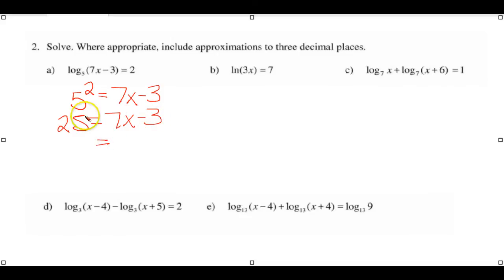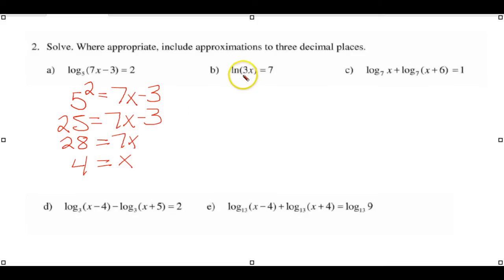Transpose the negative 3 becomes 28 on this side. 7x, divide both sides by 7. X will equal 4. And again, this is what they'll have. Your conversion to exponential equation is this, and this is the solution.